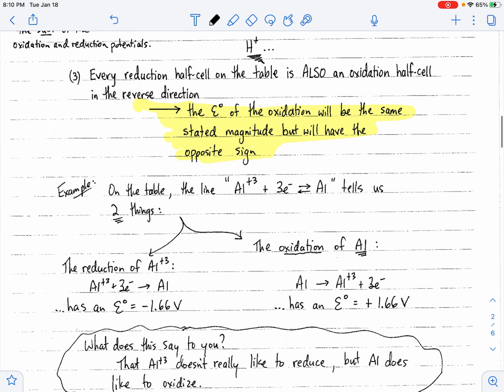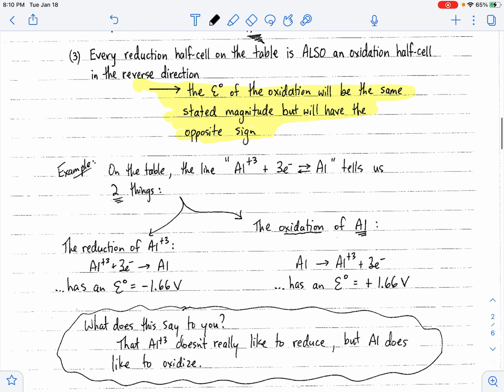So here's my example. On the table, the line Al plus 3 electrons goes to Al tells us two things. The reduction of Al plus 3 has a potential of negative 1.66, but the oxidation of aluminum, okay, so the reduction of the Al plus 3 versus the oxidation of the elemental aluminum, two different chemicals there, right? Different states of the same chemical, I guess.